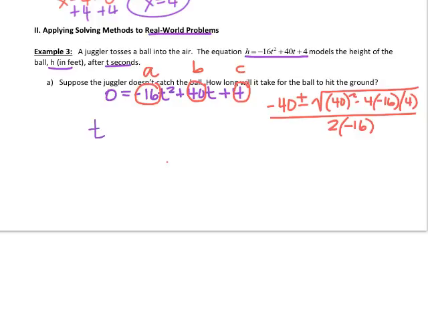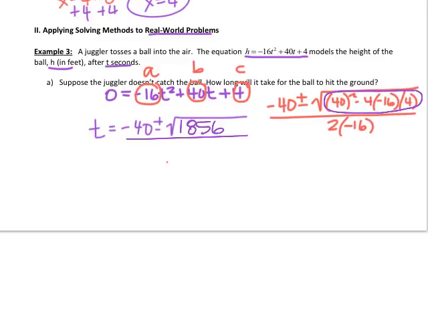And to simplify all of this, if I was using my calculator, and remember we're solving for t, time, that is going to be equal to negative 40 plus or minus the square root of 1,856. That's what all of this simplifies down to.